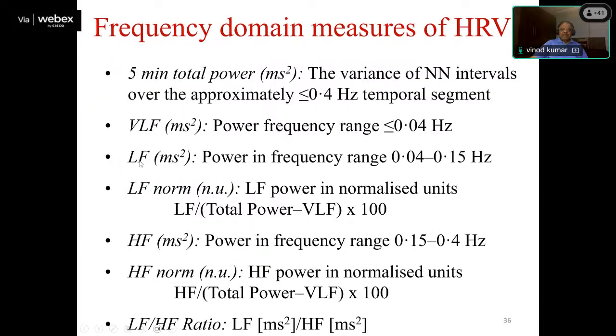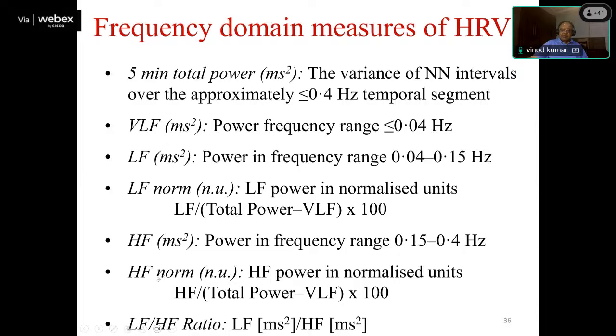In frequency domain, we calculate very low frequency power, that is 0 to 0.04 hertz. Low frequency is 0.04 hertz to 0.15 hertz. Low frequency normalized value is low frequency power divided by total power minus VLF. VLF we take out. High frequency is total power in the high range.